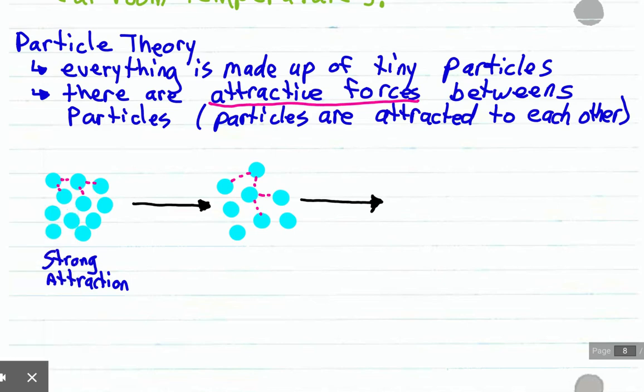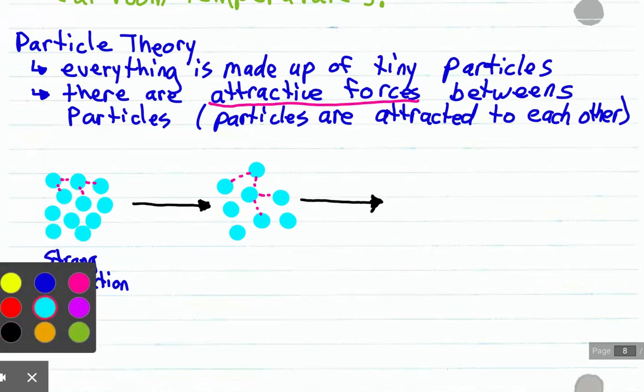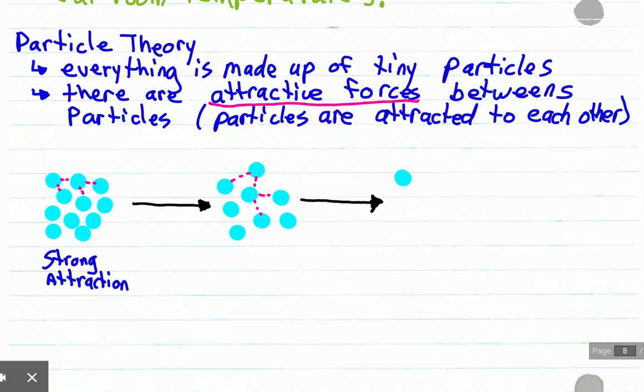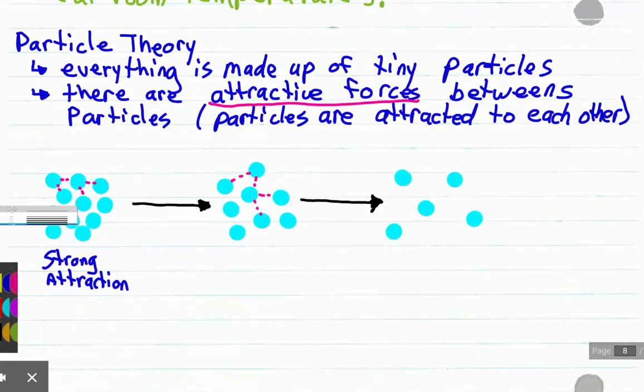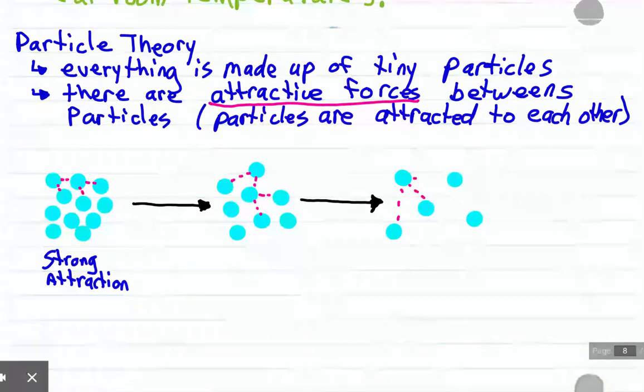And when that happens, our particles really spread out. Now, there are still forces of attraction happening between these particles, but they're significantly weaker than they were in our first picture.